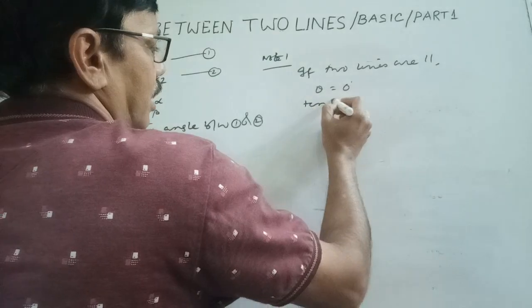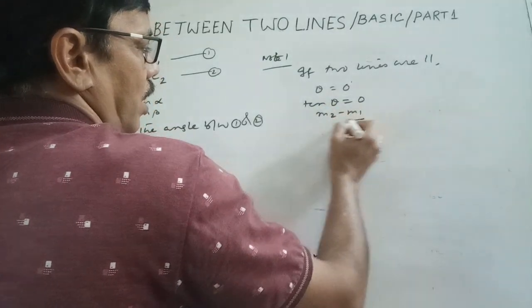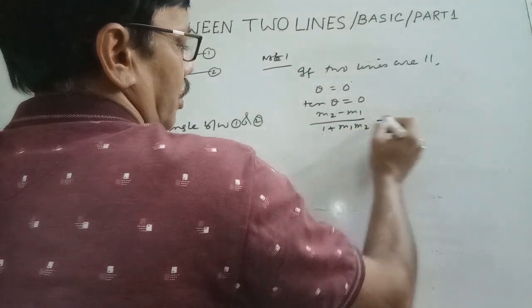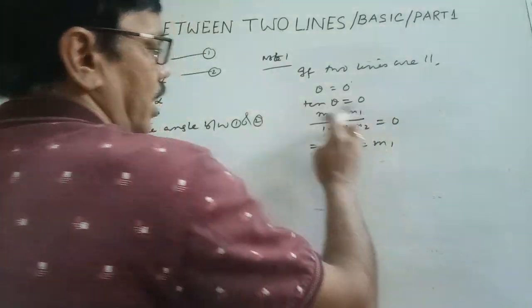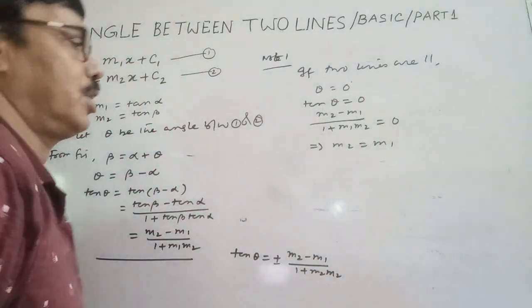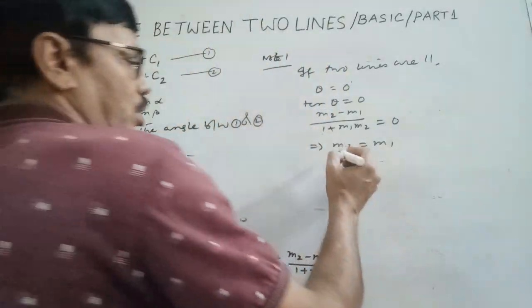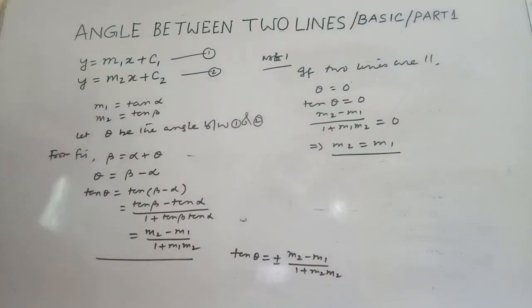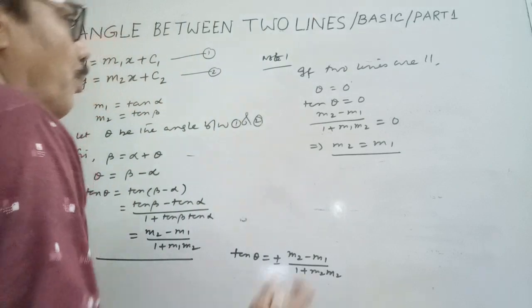So tan theta equals 0. So m2 minus m1 is the value of tan theta, which is 0. So m2 equals m1. So two lines will be parallel if m2 equals m1. So note 2.